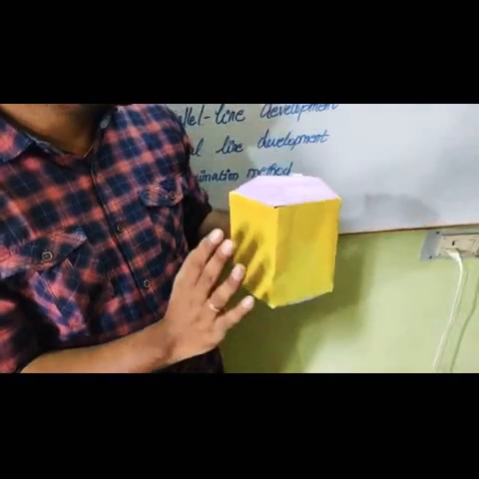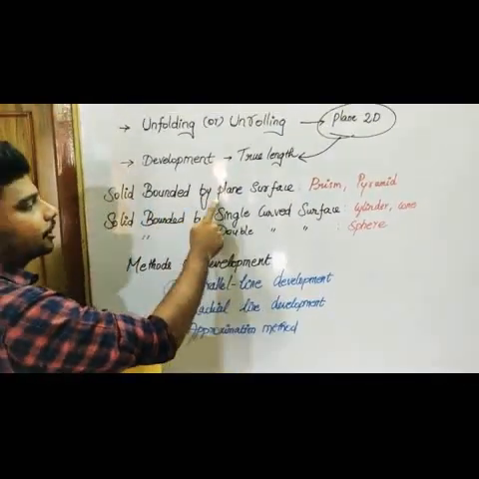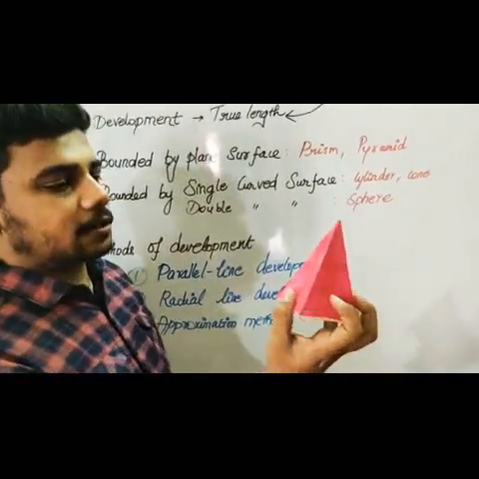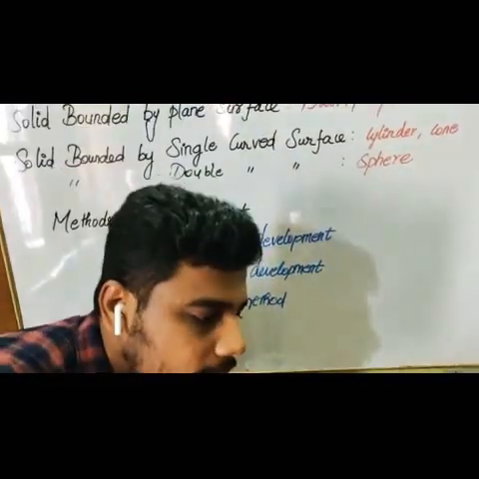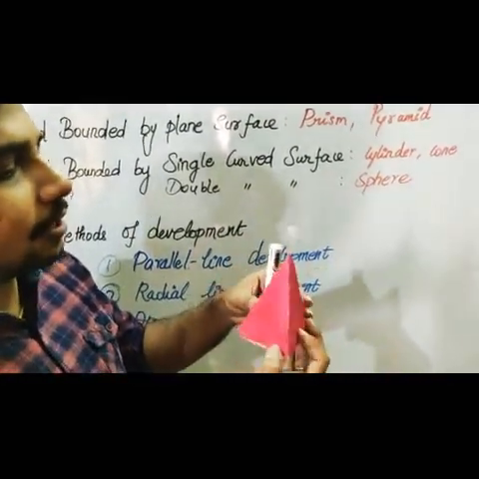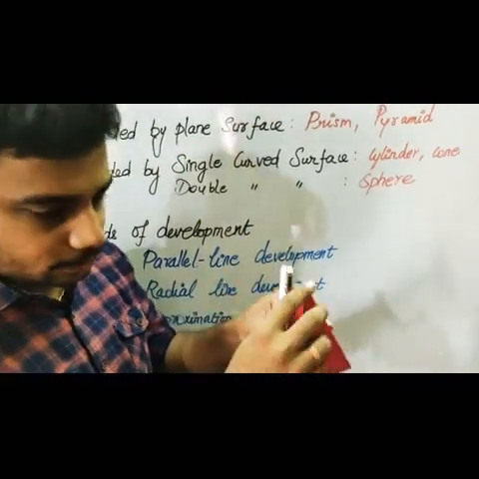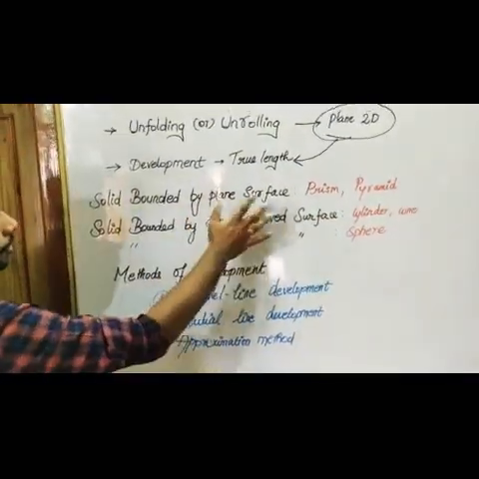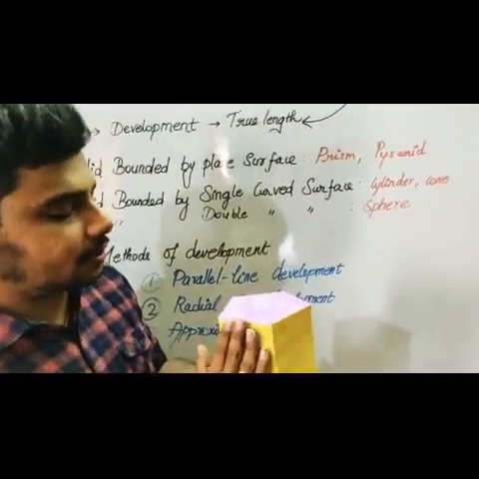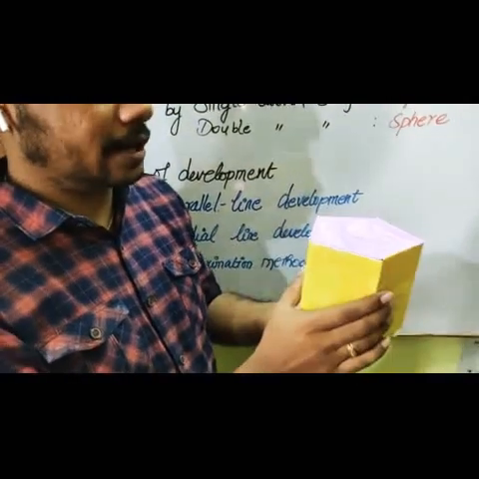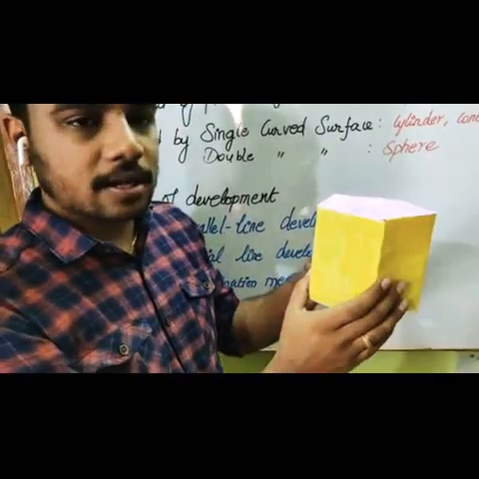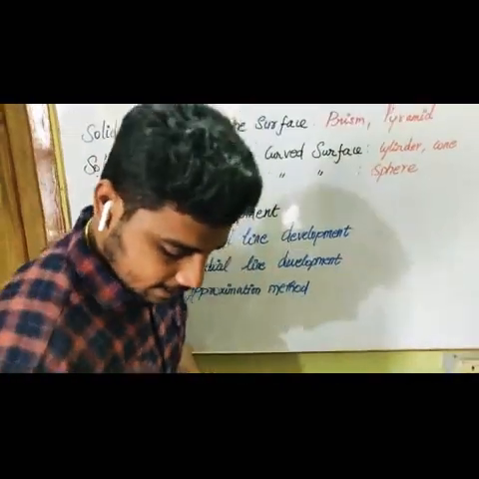A pyramid is connected by triangular 2D surfaces. These solids are bounded by plane surfaces, and the surfaces other than the bottom and top are called lateral surfaces.